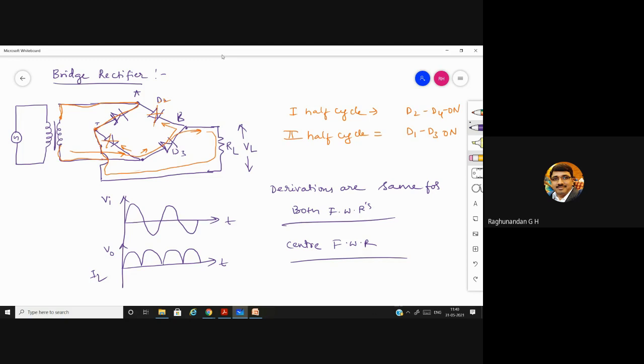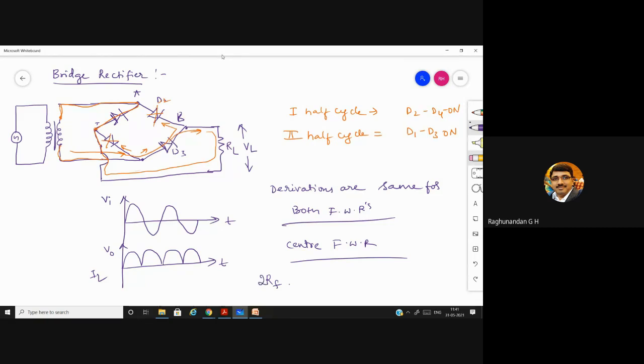Same derivations you have to write here, but there are two changes. What are those two changes? The first change: in each half cycle, the resistance offered by the diode was RF. But here, how many diodes are conducting in each half cycle? Two diodes are conducting, so obviously this becomes 2 RF.